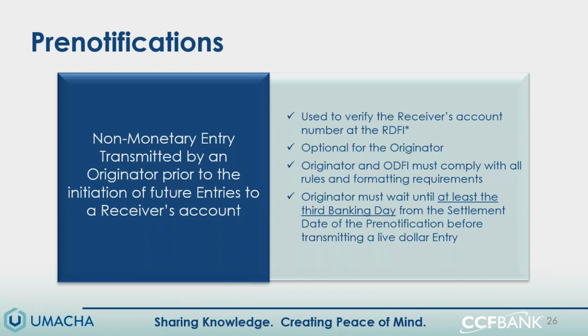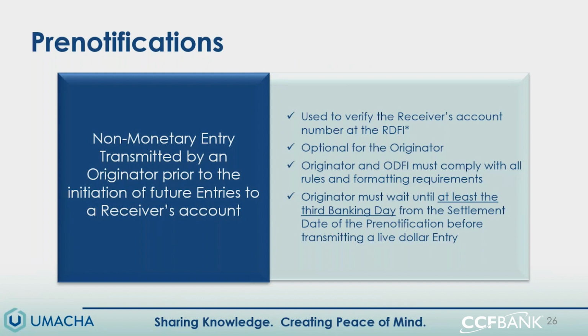So something to know about pre-notifications, they are optional on the origination side. So you as an originator could use pre-notifications, or you could use some other way to verify account numbers before you're sending those first entries. So optional for you as an originator. So if you're going to send them, you've got to comply with all the rules that go along with that. We'll talk about that on the next slide.